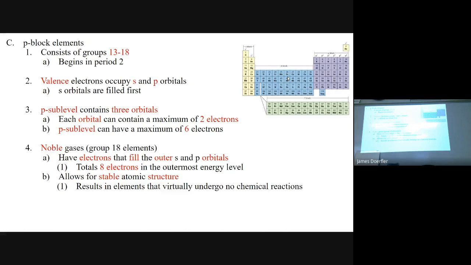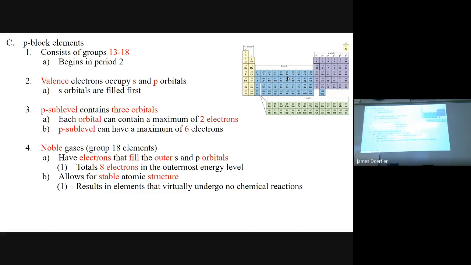The P block over there to the right contains groups 13 through 18, or depending on which periodic table you're going to look at, contains groups 3 through 8. You don't encounter the P block until period 2. And with these elements that are located in the P block, you're going to have valence electrons in both the S and the P orbitals.